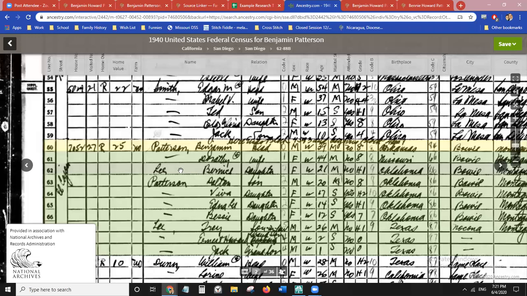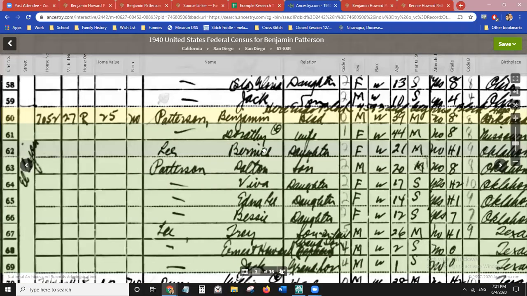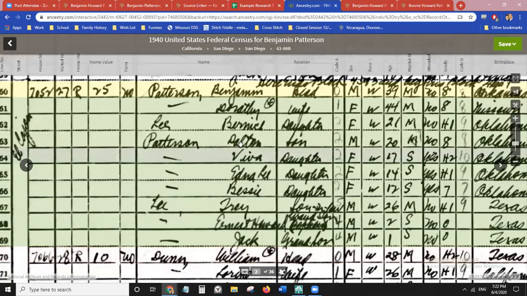So we have Bernice Lee, who looks to be the oldest daughter. She's 21. And we have Dalton. So she must be married, because that's her husband and their children. So we have Bernice, Dalton, Aviva, Edna Lee, and Bessie.